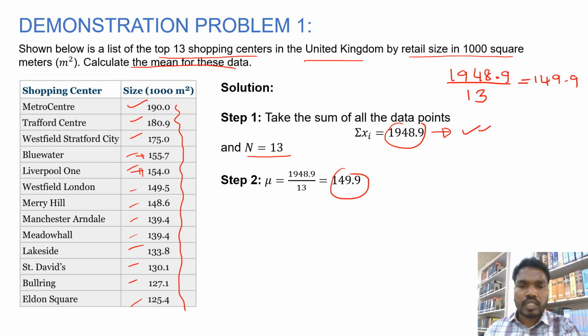So this is the mean. Here I am assuming that it is a population, so I am using the letter mu to denote it. Therefore the population mean is 149.9. Clear?